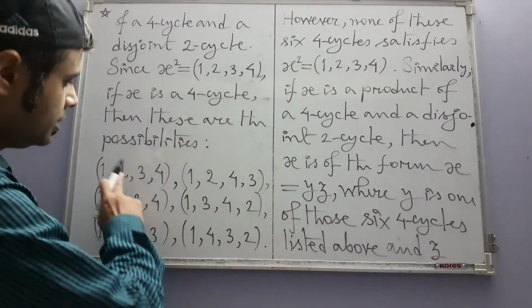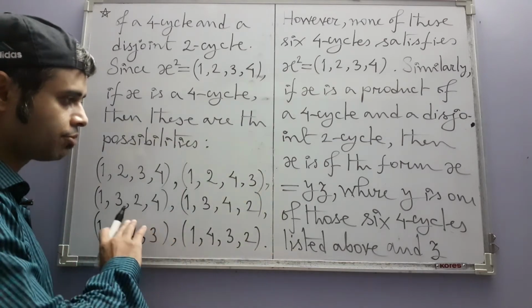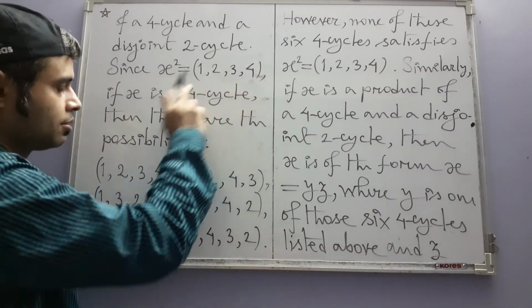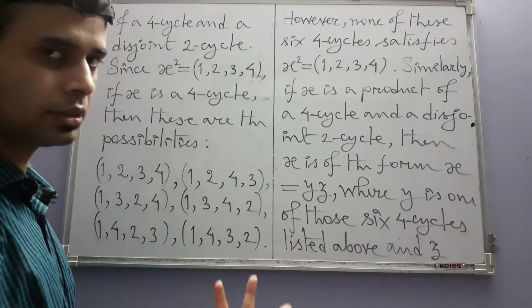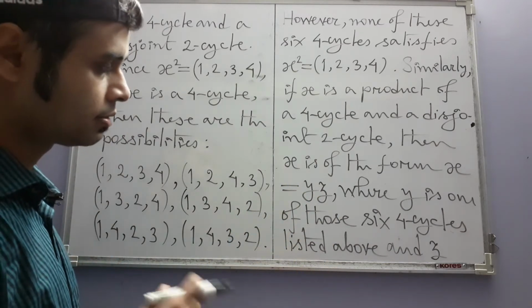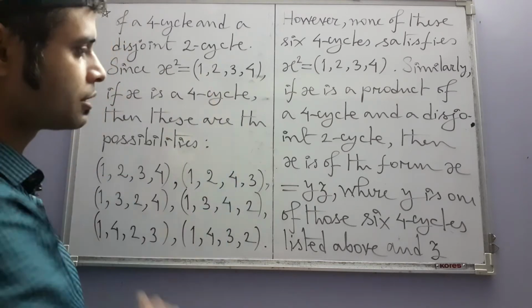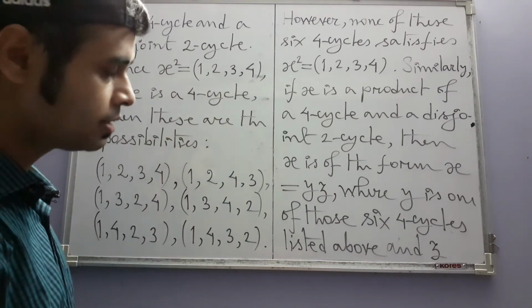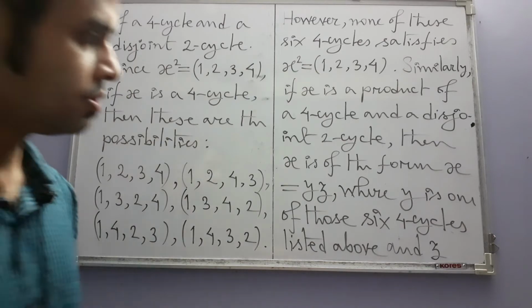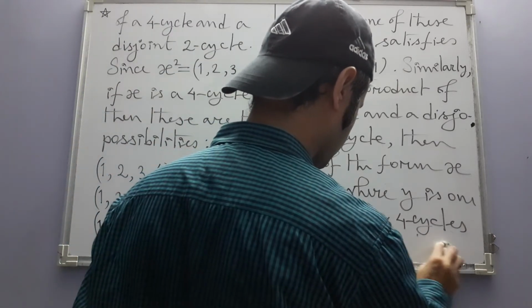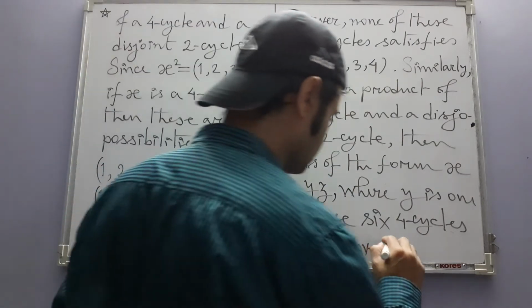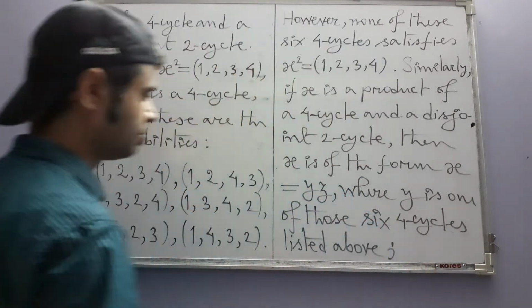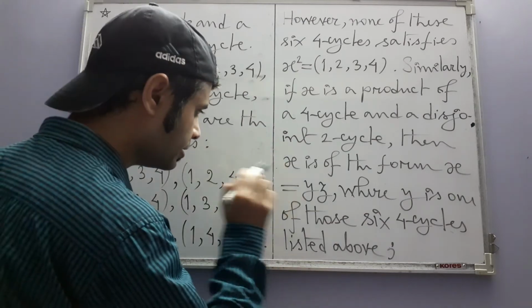Because these cycles themselves fail to give us this when they are squared, here also we will not actually get what we want. This equation will not be satisfied. And why is that so? We are going to continue after this, but let us just see what will happen in this case.